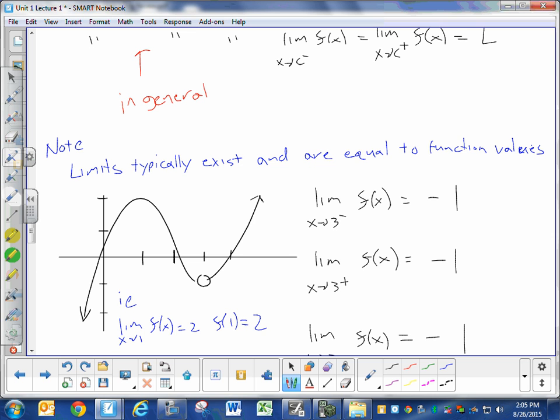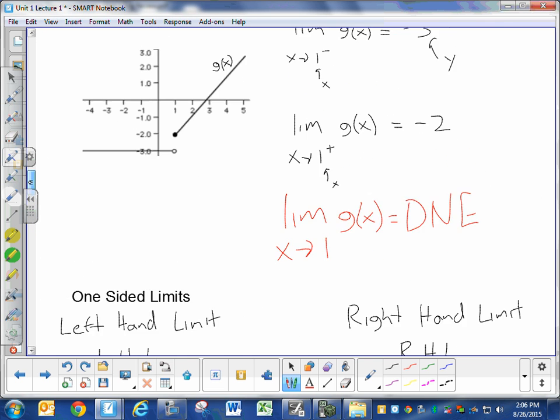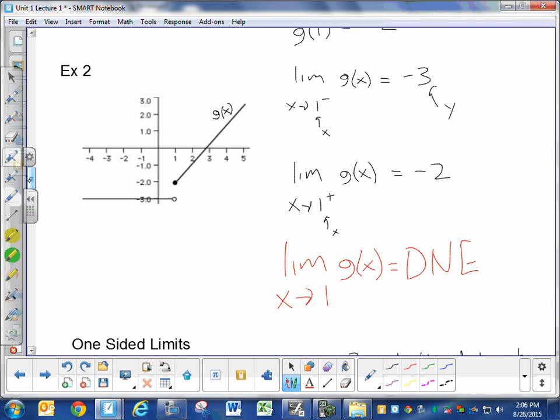So at 2, here's a point, the function value is here, and the limit is equal to that function value. However, here, the function value doesn't exist, but the limit does exist. In the previous example, the limit does not exist because we're not approaching the same thing, but a function value exists.